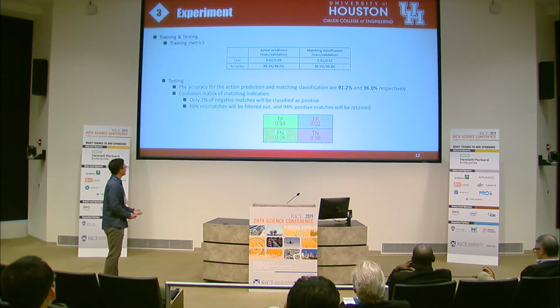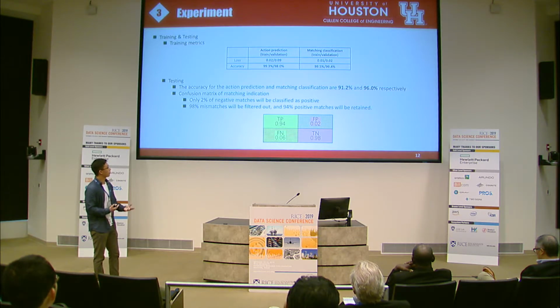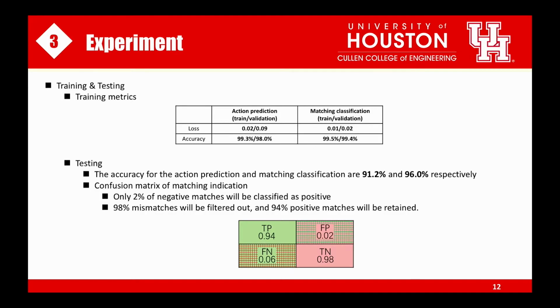So the accuracy on the training and validation data sets are both 98% or above, which indicates that the model effectively recognizes the patterns and captures the spatial correlations of them. And on testing data, we have 91% or above accuracy for the action vector and the matching probabilities.